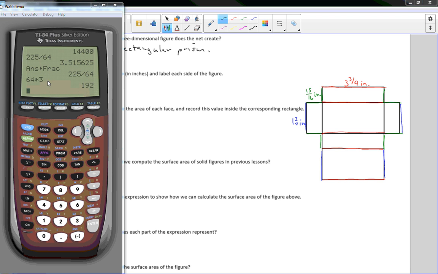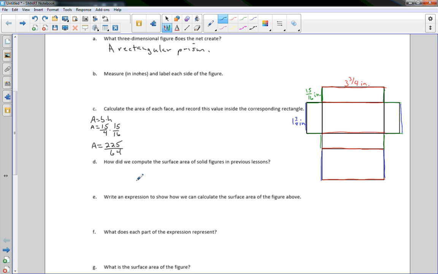So 64 times 3 is 192, with 33 remaining to get to 225. So it's 3 33/64. Okay, so that equals 3 33/64 of an inch squared.